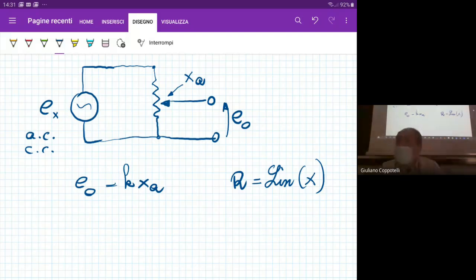R is the resistance, and it is a linear function of the displacement X.